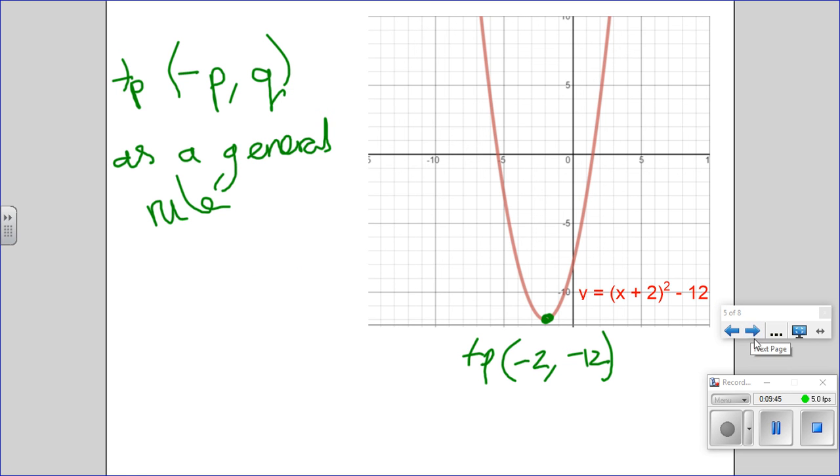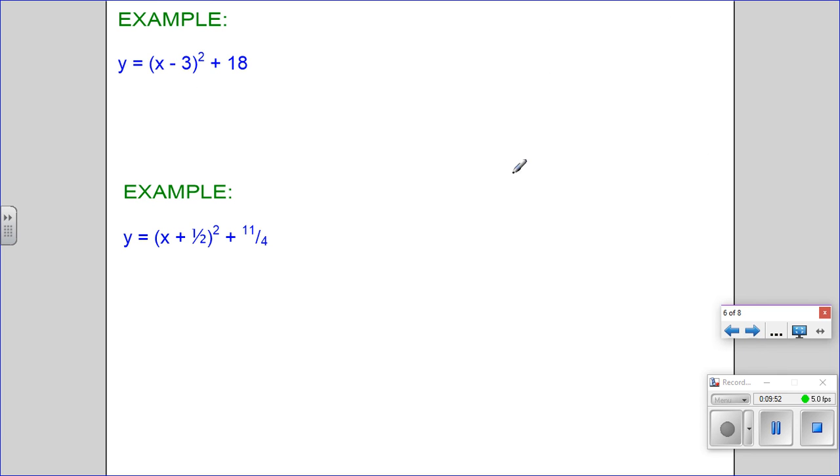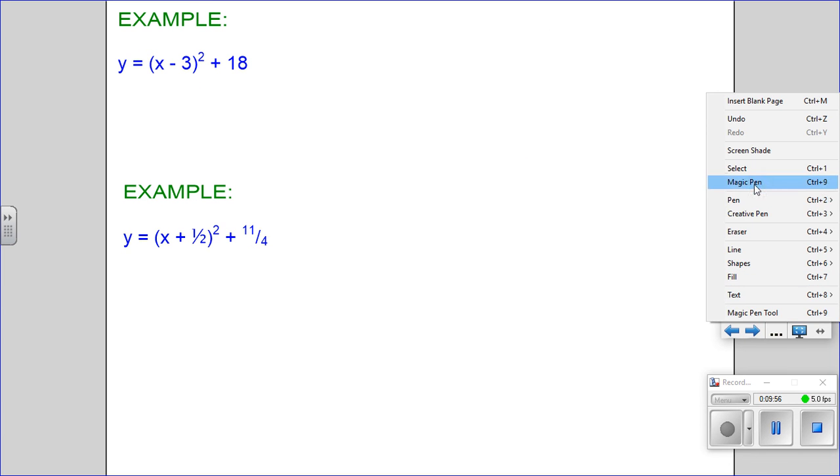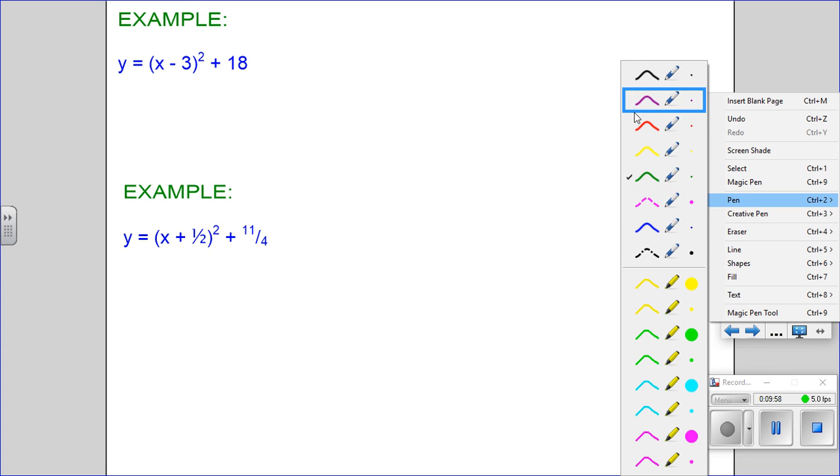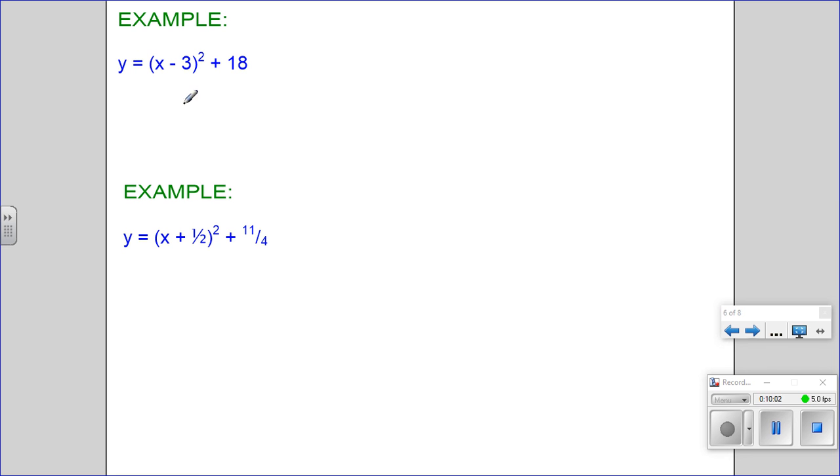Right, so the next two examples are the two examples that we did following this one. So we have (x minus 3) all squared plus 15. I'm going to change the colour of my pen back to purple. So if these are my examples, then the turning point for this one is 3, 15.